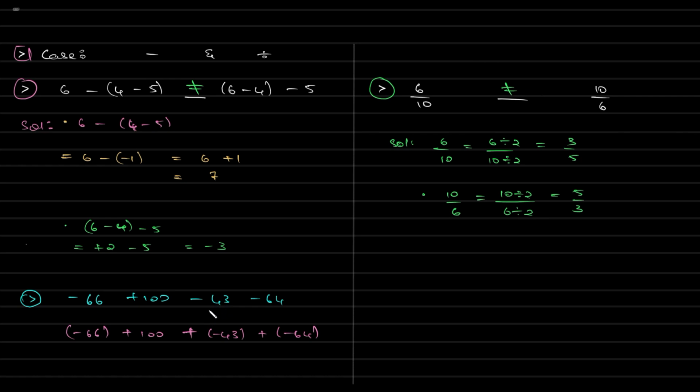Without that, if you shift, the answer will be wrong. Like some people I've seen, not a lot, but in a few situations I've seen some people doing this. That is, they shift 100 and they keep the negative wherever it's there. And you have 66 being shifted over there with the positive sign being there itself. This is not at all right.